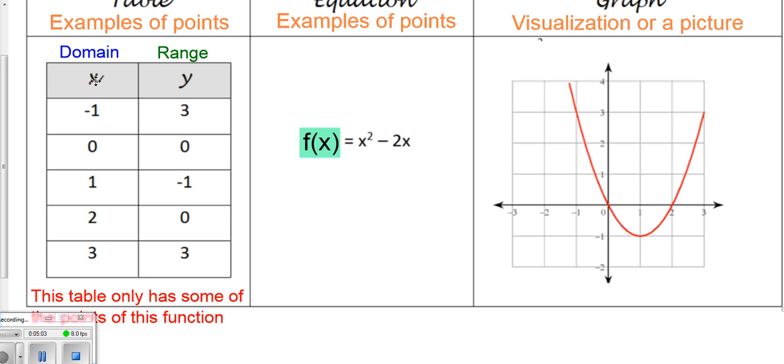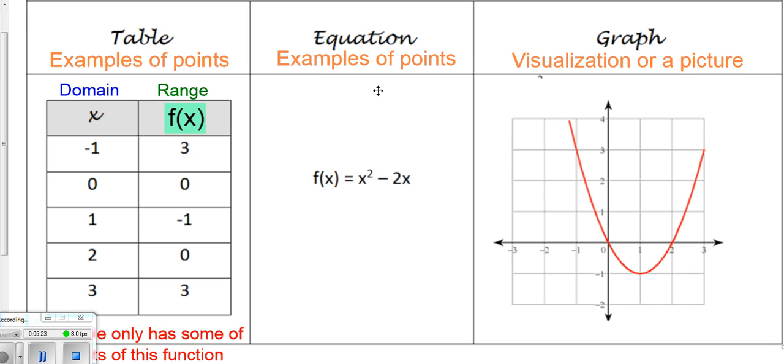Now remember, because x is our domain and y is our range, but we have this function notation f of x, we can actually call our range in the table either y or f of x. So we can say x and y, or x and f of x.